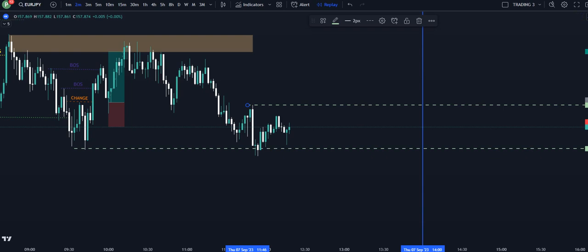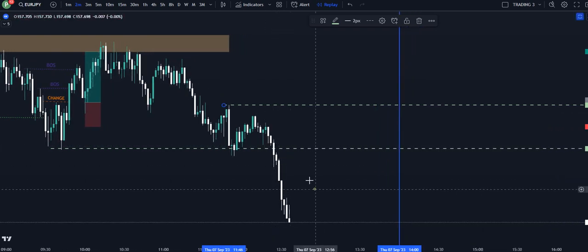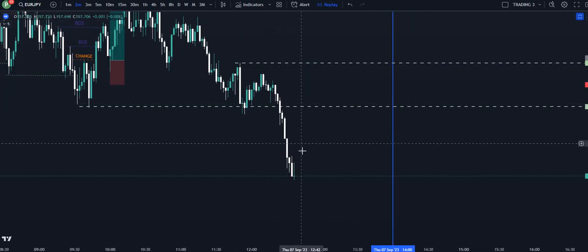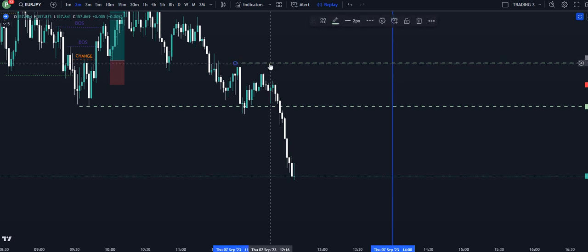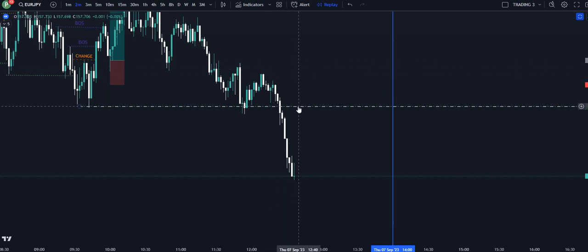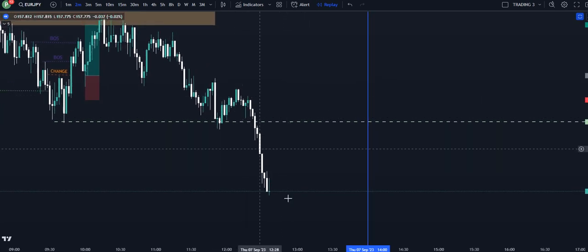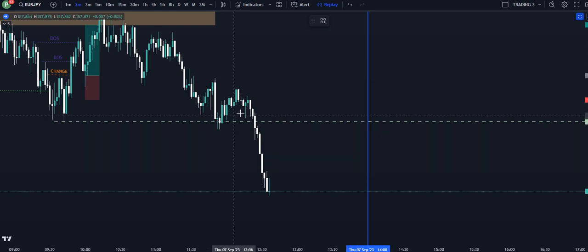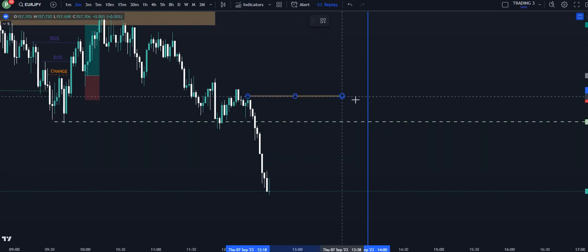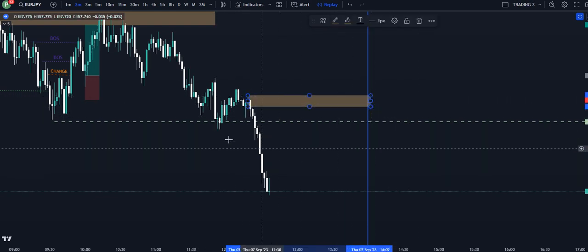Let's see what happened. Ooh, so instead we failed to do that. So we went down instead. So you clearly see we went down instead. So we have some sort of order block over there. So we got the break of structure here.